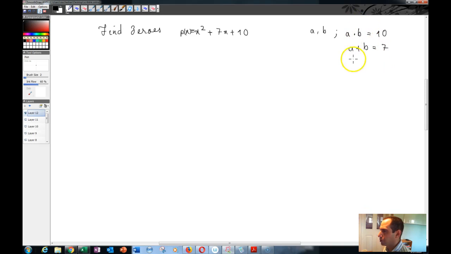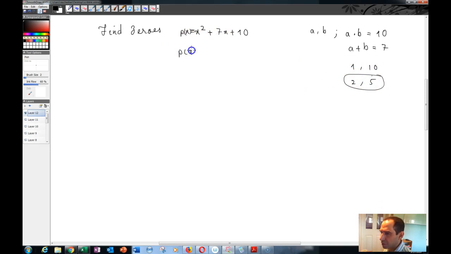That could be 1 and 10, or 2 times 5. So I think we could go with these two numbers: a plus b is equal to 7, and a times b is equal to 10. These are the two numbers that you can try.